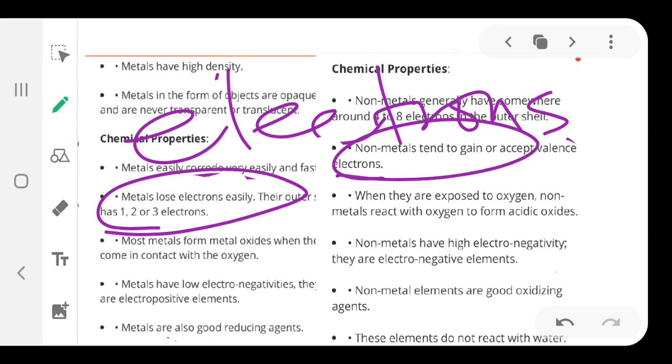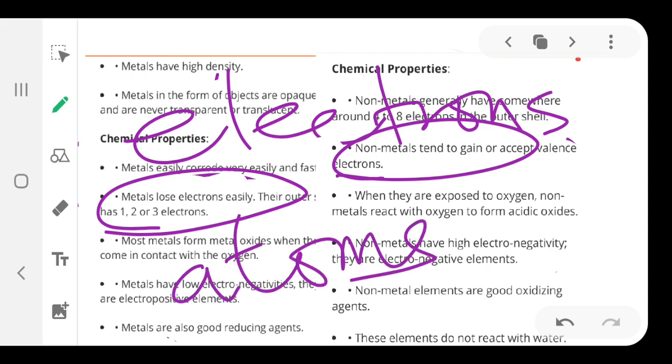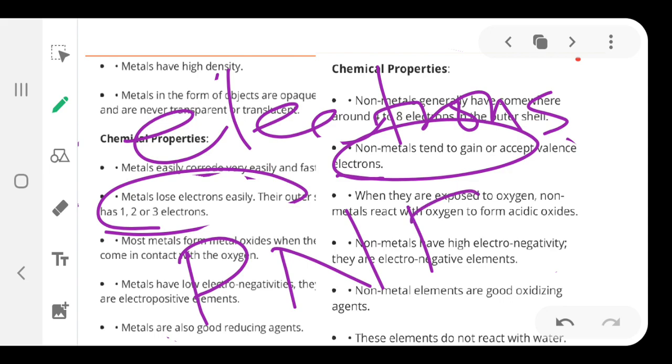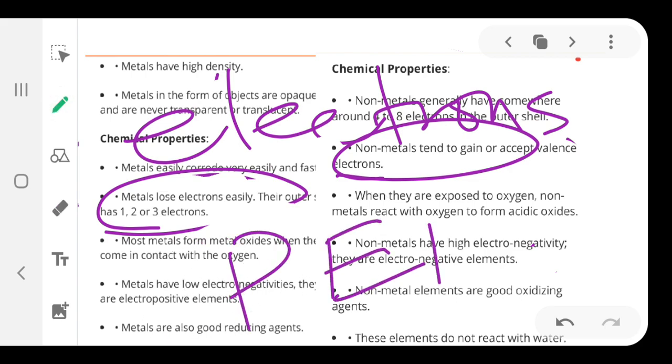As I've told you, each element is made up of a number of atoms, in thousands and thousands, and each atom consists of three subparticles: protons, neutrons, and electrons. You can make a small abbreviation to learn: PEN. P for protons, E for electrons, and N for neutrons.